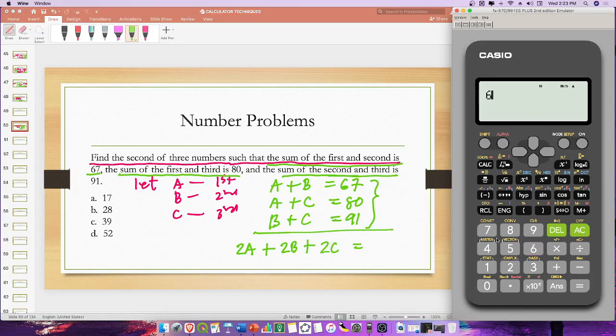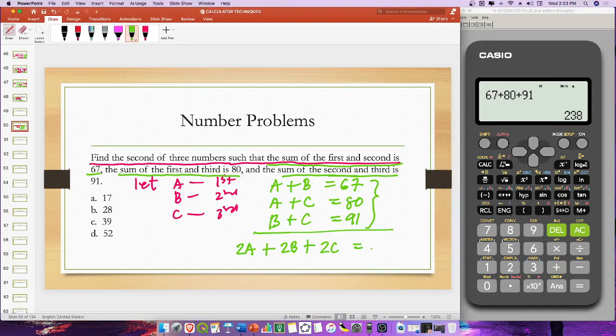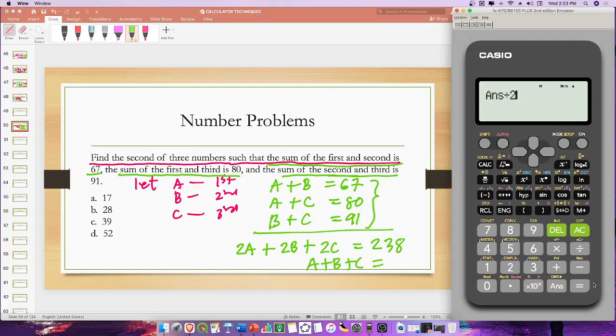So that is 67 plus 80, take note, I am using my calculator, plus 91 is equal to 238. Now if we divide the whole equation by 2, the result will be A plus B plus C equals 119. Let's divide this 238 by 2, 119.